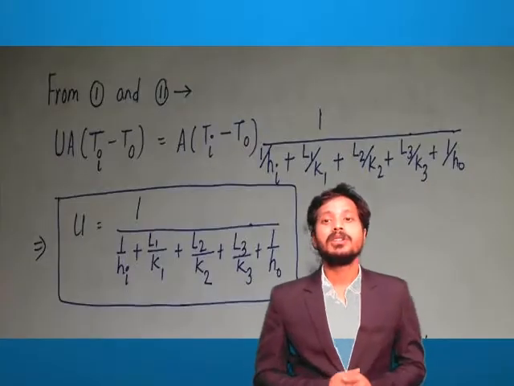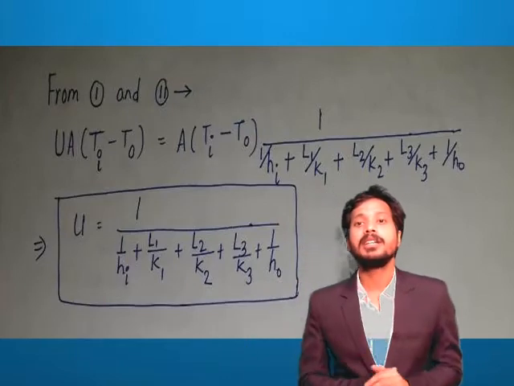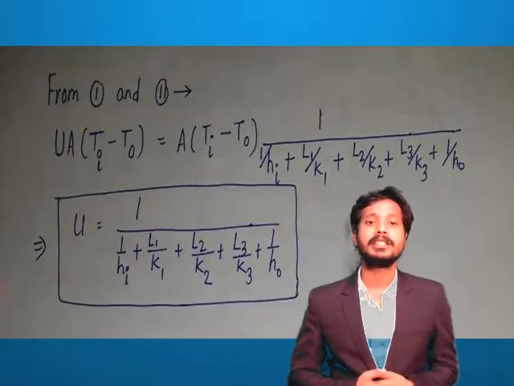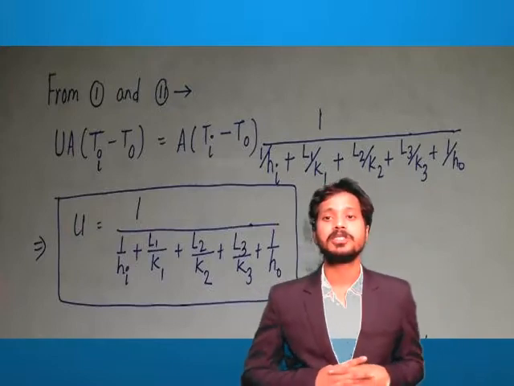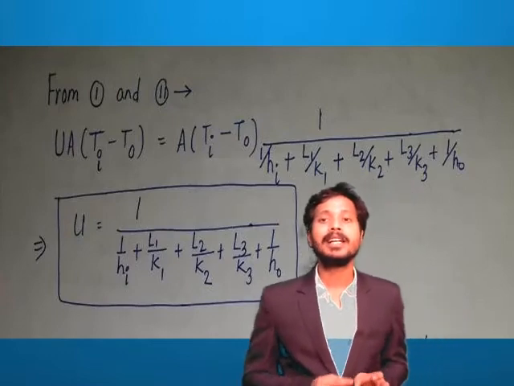Now if you try to relate this overall heat transfer along with the heat transfer of composite geometry, I can find out the overall heat transfer coefficient of the composite slab. Now you see, why did I need this?